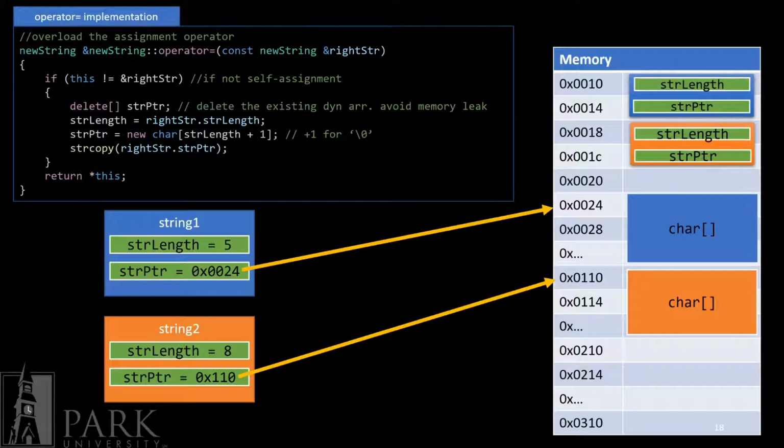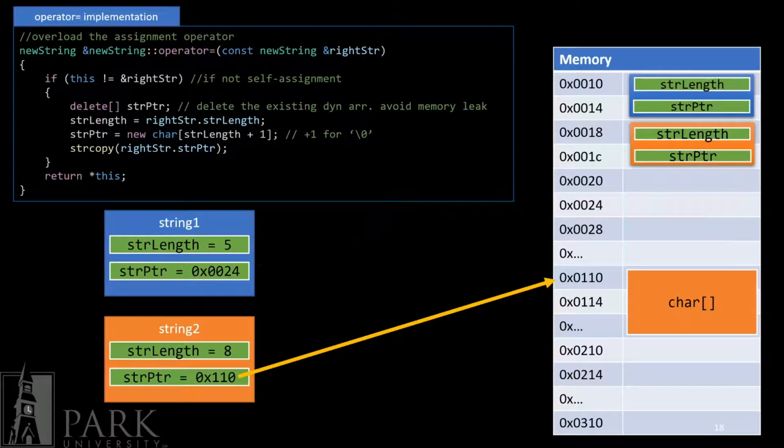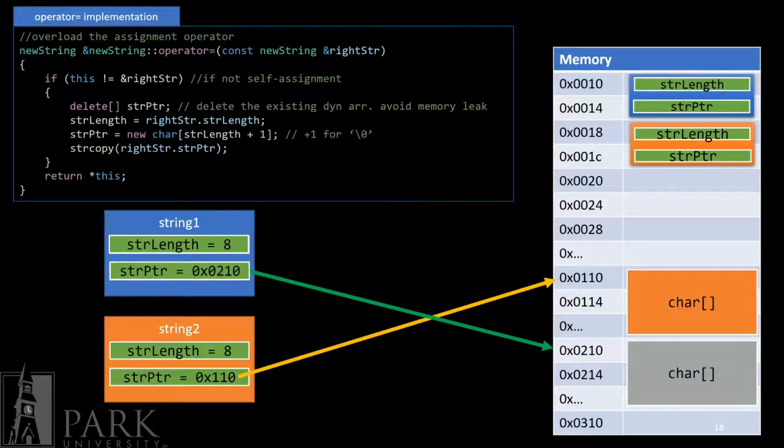First, we check to see if the objects are the same, and since they're not, we can delete the current character array, copy the value over from the right-hand length, allocate a new block of memory, and set our string pointer to the new block of memory. Finally, we do a member-by-member copy for each item in the original array.